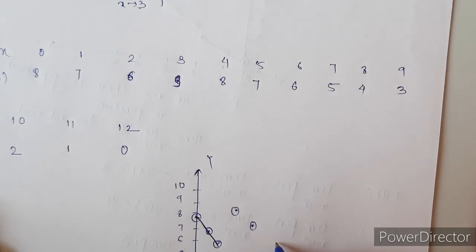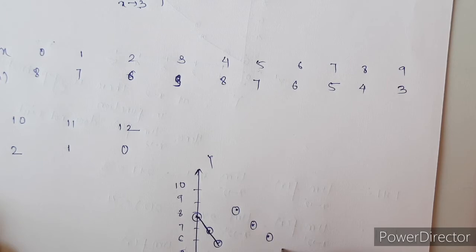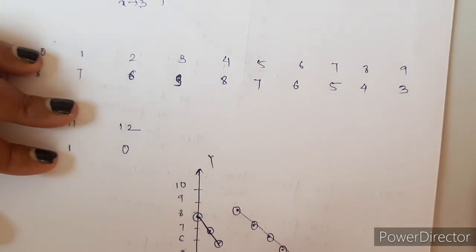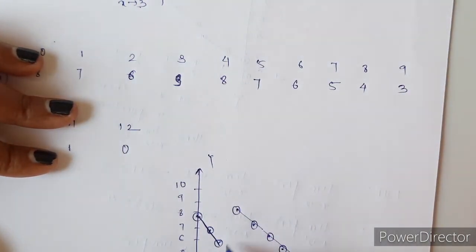For 5 it is 7. For 6 it is 6. For 7 5. For 8 4. 9 it's 3. 10 it's 2. 11 it is 1 and 12 it is 0.